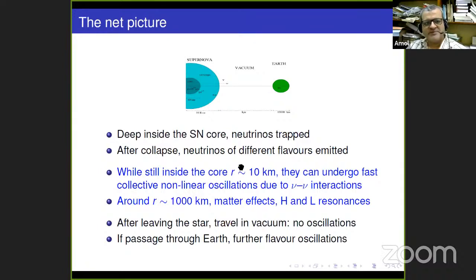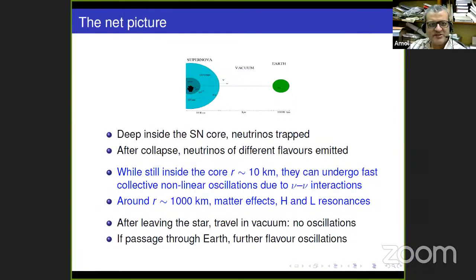Before the collapse actually happens, the neutrinos are deep inside a supernova core. They are trapped. They cannot come out. However, when the supernova explodes, neutrinos of various flavors are emitted, like we saw on the last slide. Now, what happens to them?